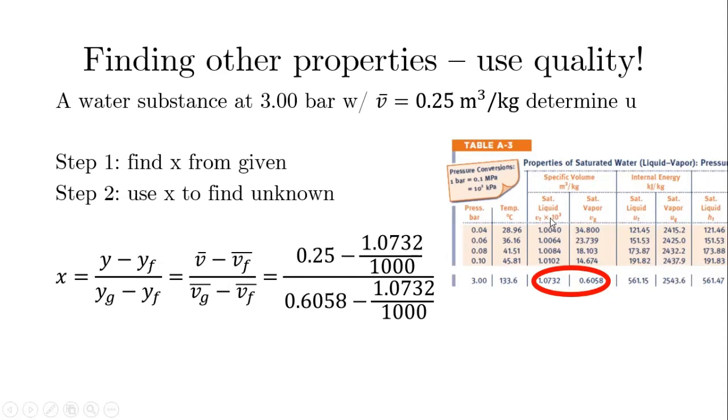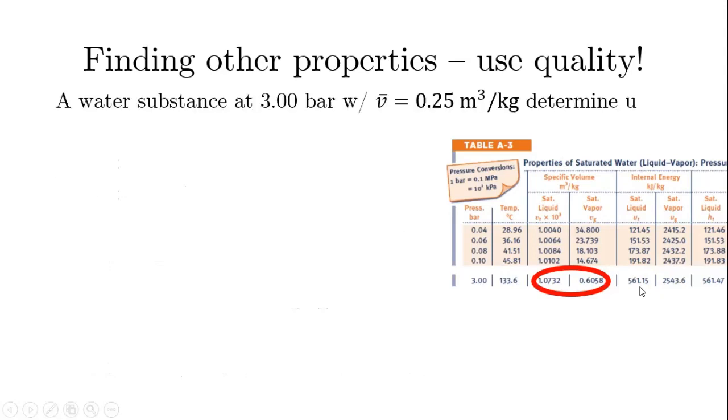Again, this means divide that by 1,000. It is not here, so don't divide by 1,000. It is here. So it's 0.25 minus the volume of the liquid, divided by the difference between the gas and the liquid. So I put that in, and I say that, oh, this is a typo, I should say it too. 41.2% of my mixture is vapor. That's what that means. Okay, so I can use the fact that I have 41.2% vapor, apply that here and find the internal energy.